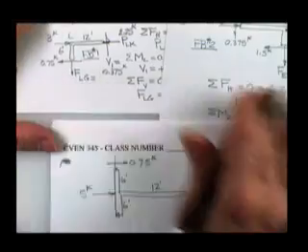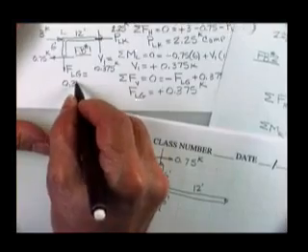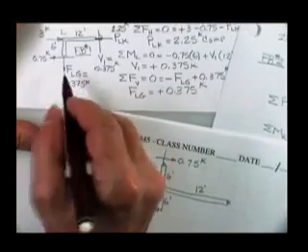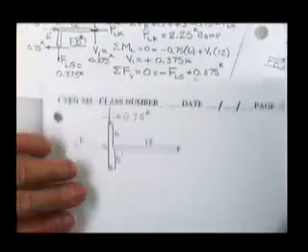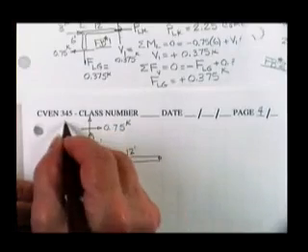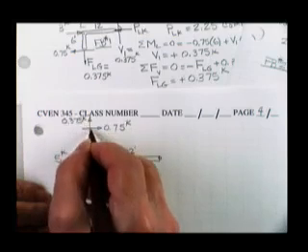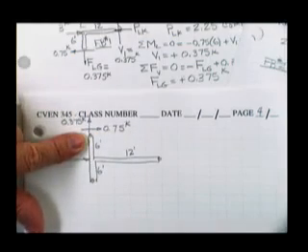F sub LG we solved for was 0.375 down on L, and therefore 0.375 up on the other side of that joint.